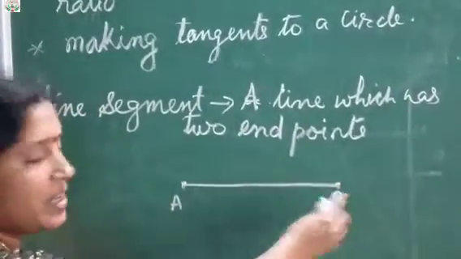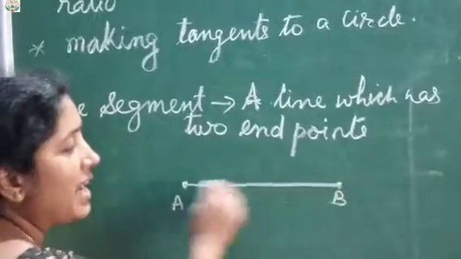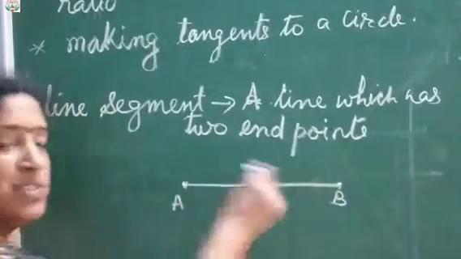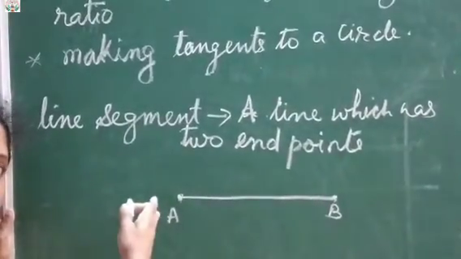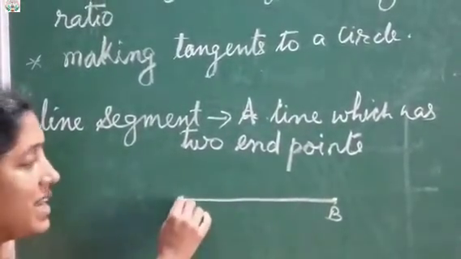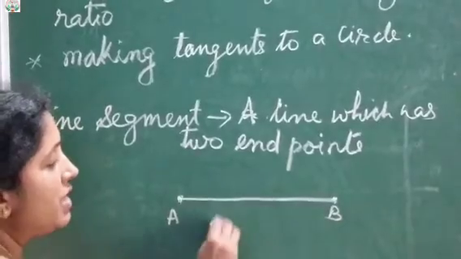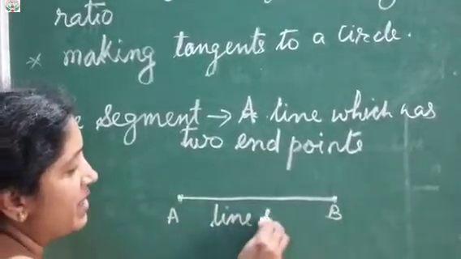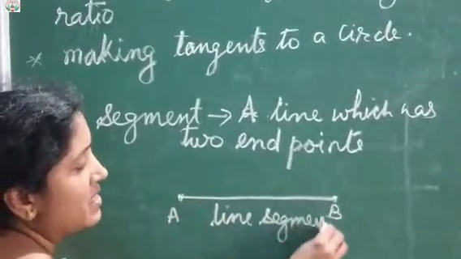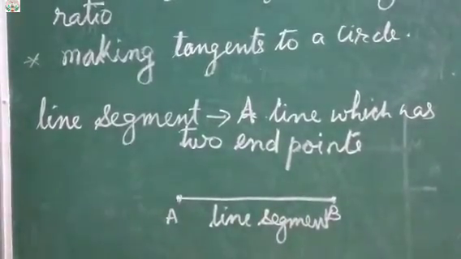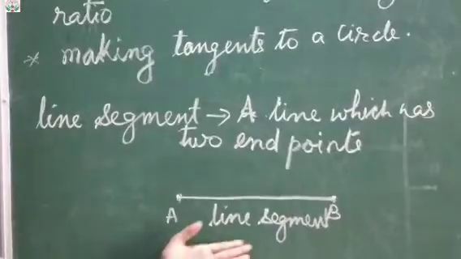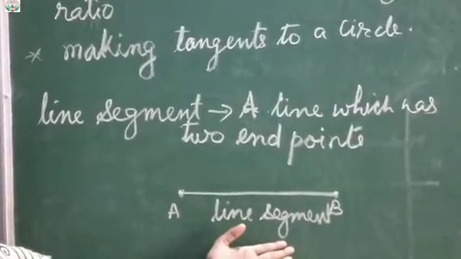That means there is an end to it, and the line does not continue further after that. A line which has two endpoints is called a line segment. This line segment can be of any measurement. Whatever measurement is given in the book, accordingly we will draw the line segment.